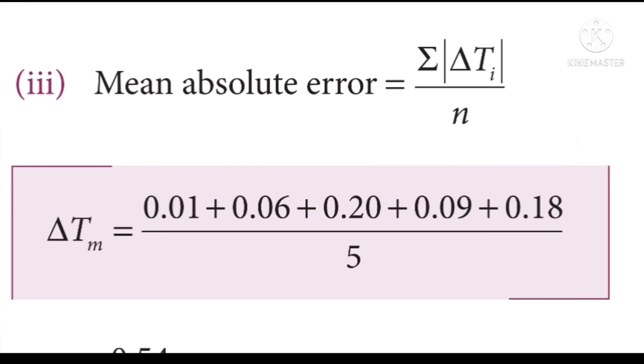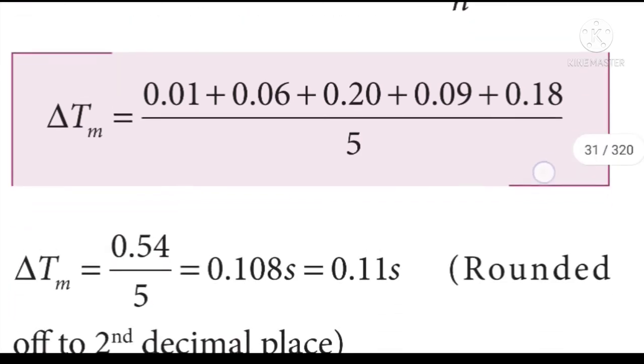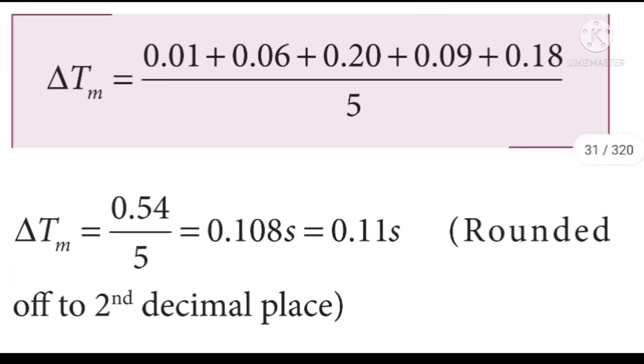The mean absolute error is given by sigma del Ti divided by n, which is del Tm is equal to 0.01 plus 0.06 plus 0.20 plus 0.09 plus 0.18 divided by 5. The sum of the numerator is 0.54 divided by 5, which is equal to 0.108 second. After rounding off, we get del Tm is equal to 0.11 second.